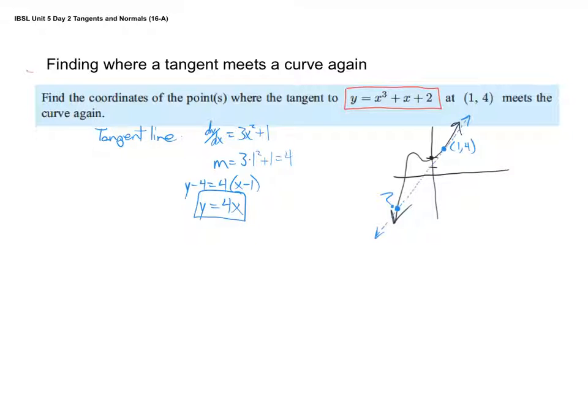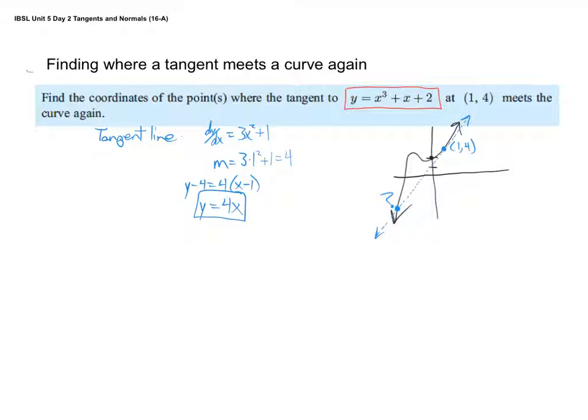We need to find the intersection point by solving the system of equations here. And like Evan said, we're going to set those equal to each other. Okay? They're both equal to y, so if we set them equal to each other, we can then solve the system.